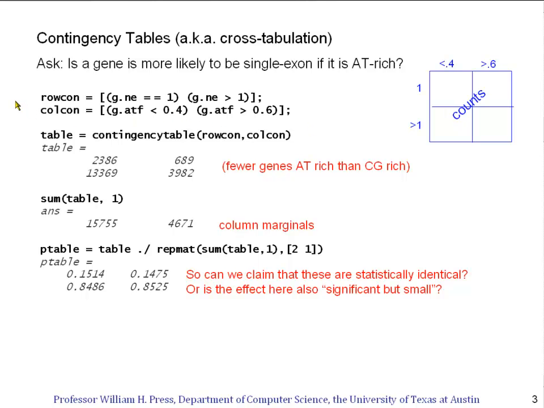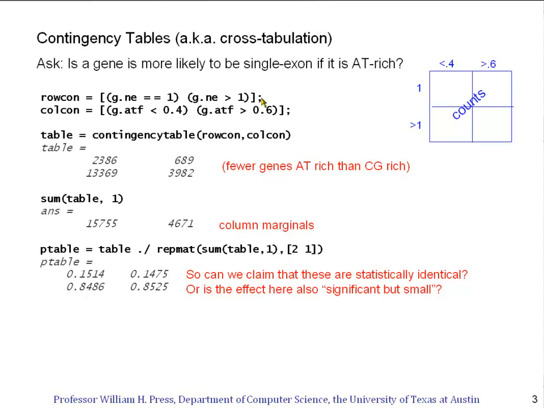So in MATLAB, one convenient way to do this is, given a vector of data, so here's a vector of cells G, one for each gene, and each gene has some properties like NE, the number of exons, or ATF, the fraction of AT nucleotides. And here I've set this up in MATLAB as a matrix of logical conditions.